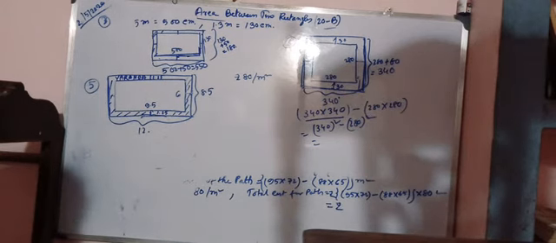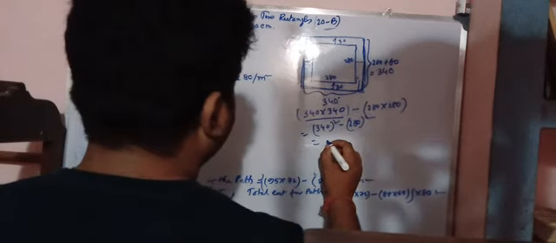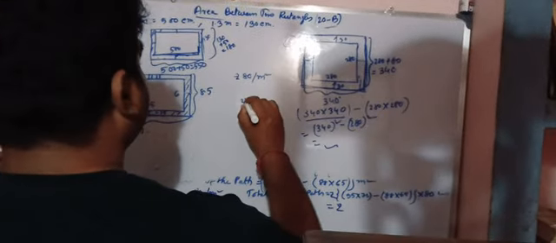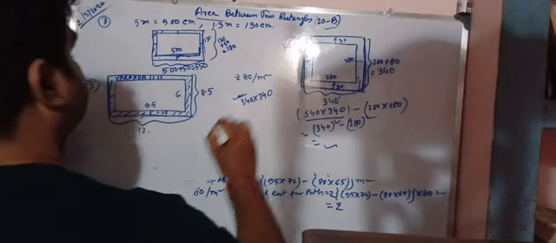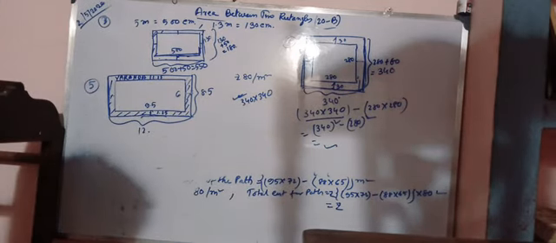Next again, this is my answer of the second question, and 340 into 340 is my answer of the first question. Next come to question number 7. The length and breadth of a path are in the ratio 2:1 and its perimeter is given.